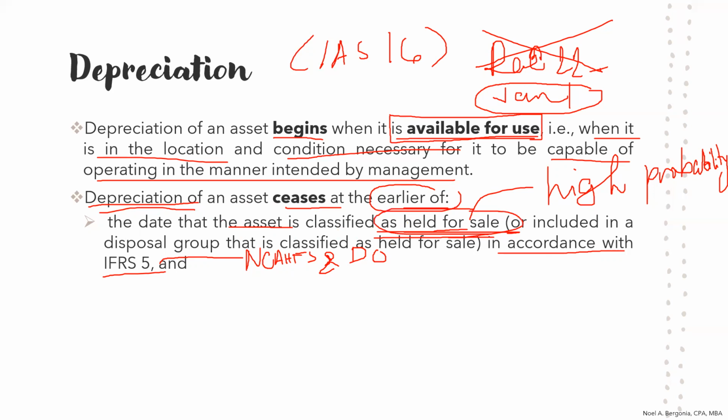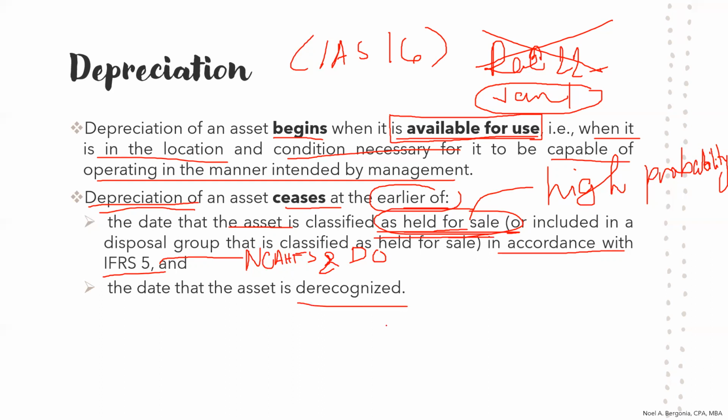Okay, so there will be a video lecture about this non-current assets held for sale, but again, I'm not expecting you to know it muna at this early since you are in the fundamentals of accountancy, business, and management pa lang naman. Okay, so pero ayun, no? That's the first one. And another is if you have derecognized the asset. Okay?